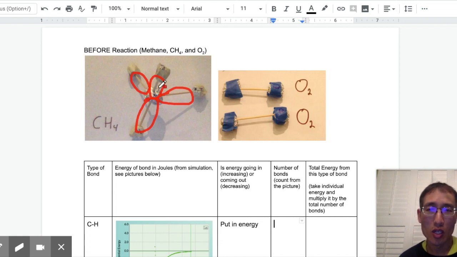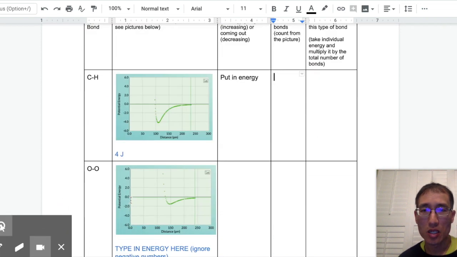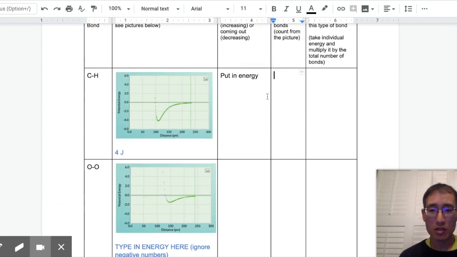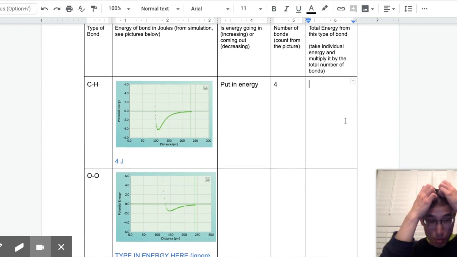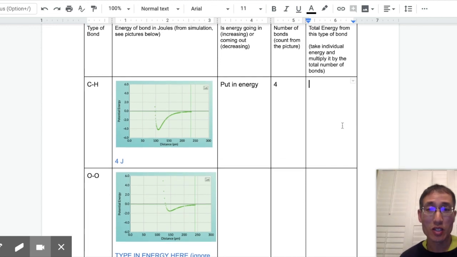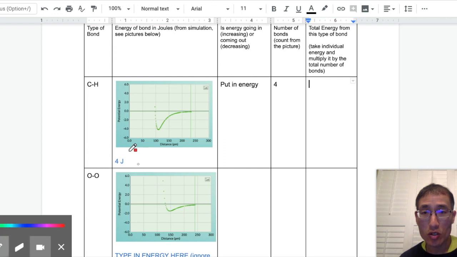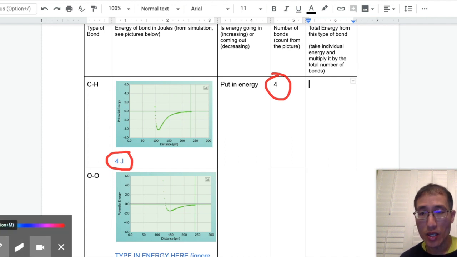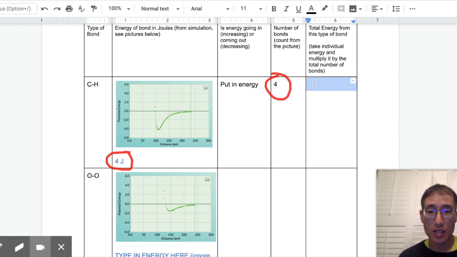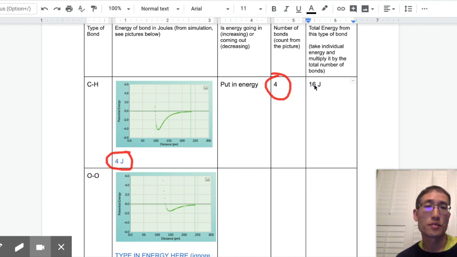So for the total number of bonds here, I'm going to type in 4 bonds. And so the total energy it takes to break all these apart is 4 joules times 4, because there are 4 bonds. That gives me a total of 16 joules.